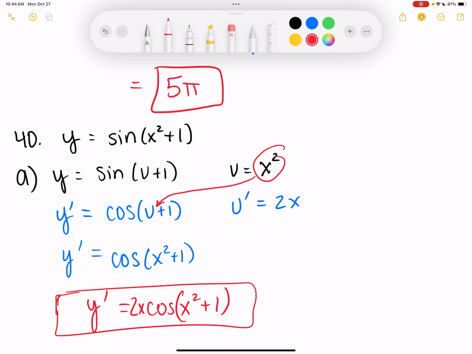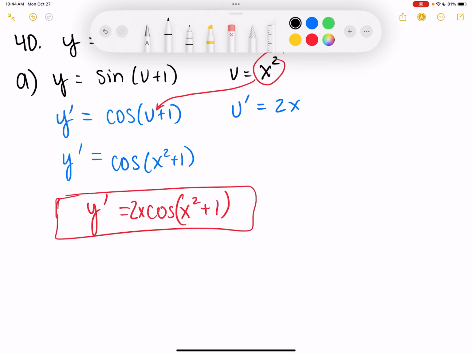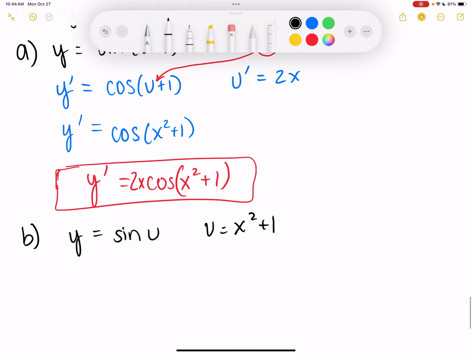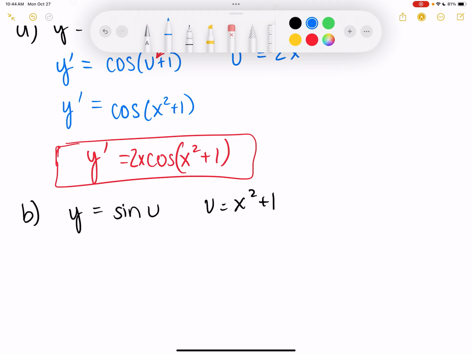The other option in B, if they gave it to us as y is the sine of u, and u is equal to x squared plus 1. Derivative of sine is just cosine. So this is the cosine of u.